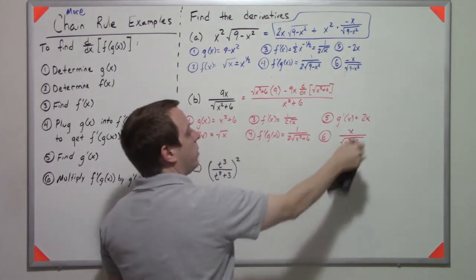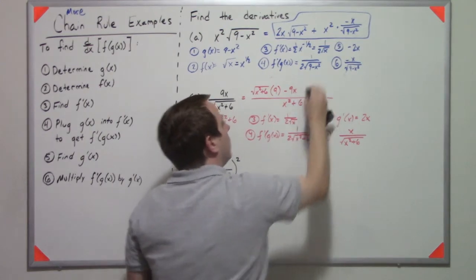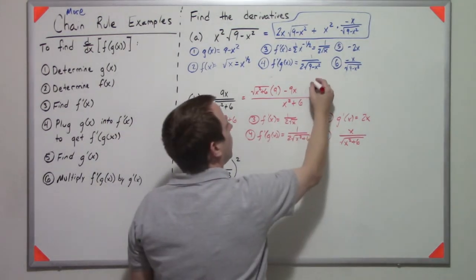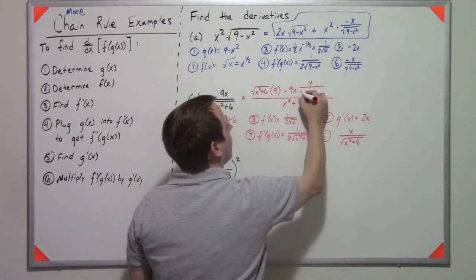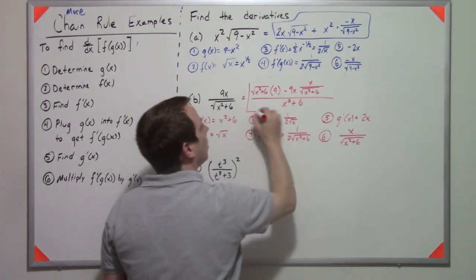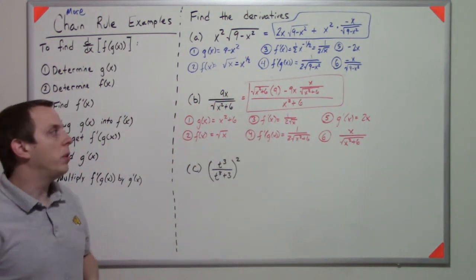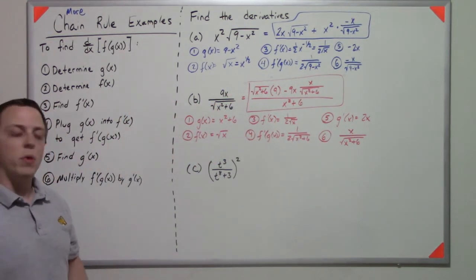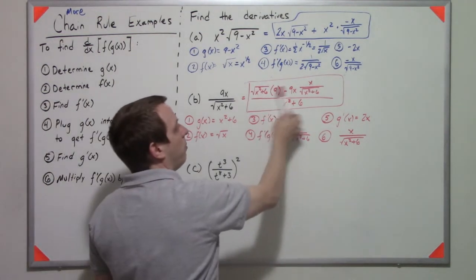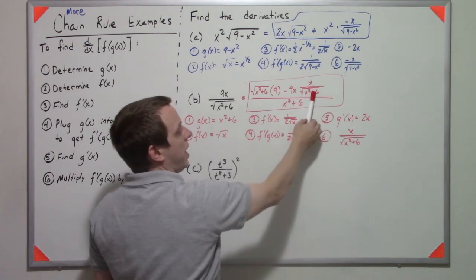So our answer here replaces that derivative. Again, that's a little more complicated than it probably needs to be. What I would do is multiply top and bottom by the square root of x squared plus 6, so that'll cause that to cancel.